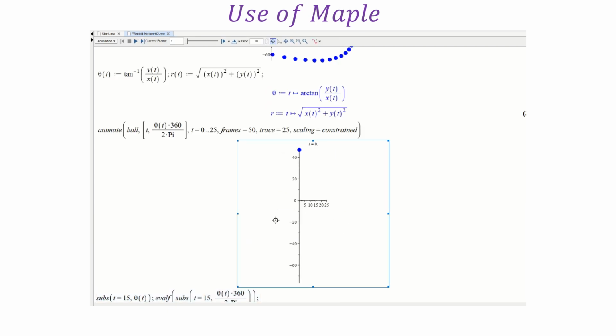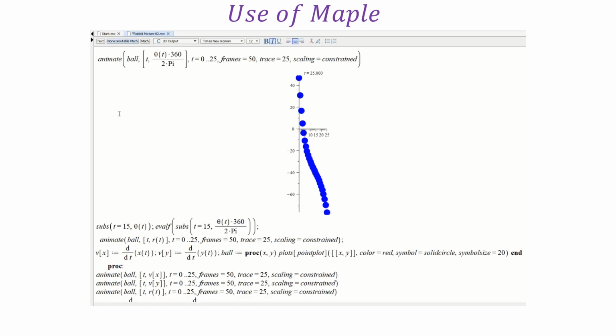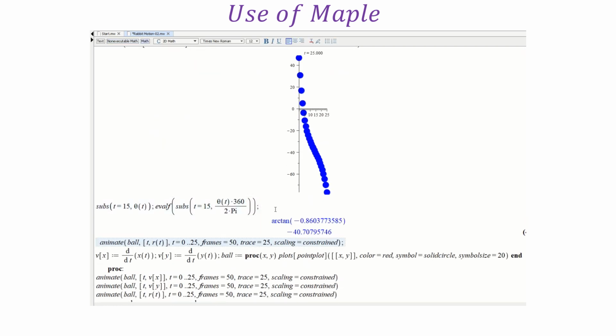So here you can see theta of t with time. Similarly, we can use Maple to calculate theta at t equal to 15 seconds, that is converted into degrees, and you can find the answer minus 41 degrees.